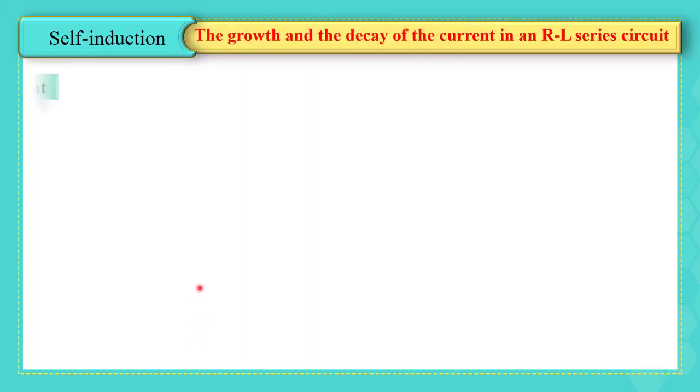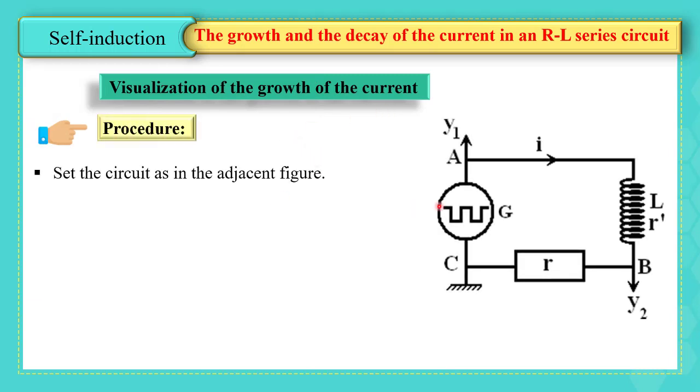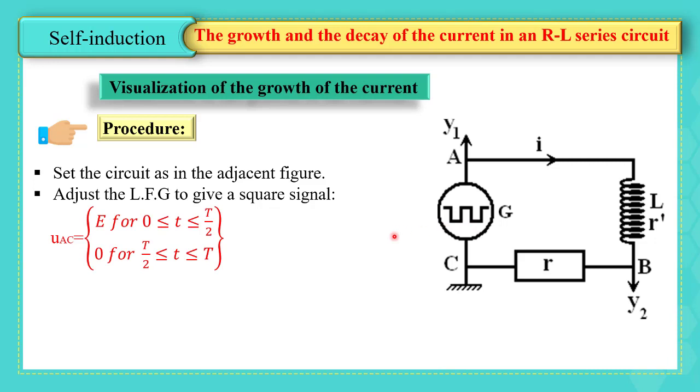In order to obtain the differential equation in the case of growth of the current, let us set up the circuit as shown in the adjacent figure. In this circuit, we have a square signal generator giving a constant voltage E in the first half period and a voltage of 0 volt in the second half period.